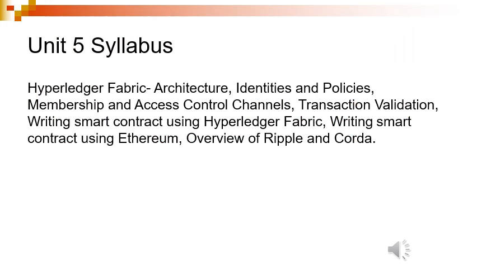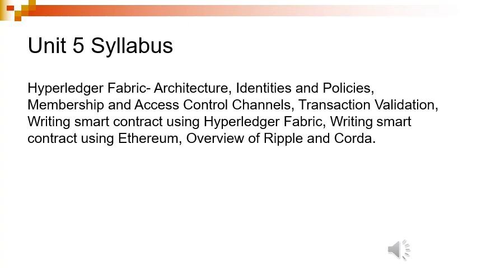So this is the syllabus of Unit 5. So far we have studied what is Hyperledger Fabric. Then we have studied the architecture also. Architecture is a modular architecture. The architecture is divided into different components, or we can say parts: identity, consensus, blockchain services, policy services.